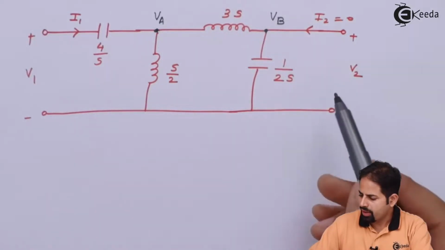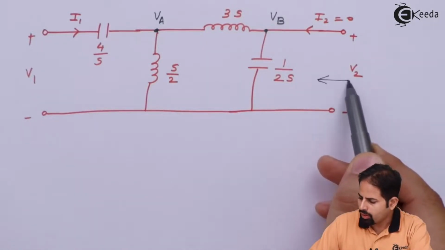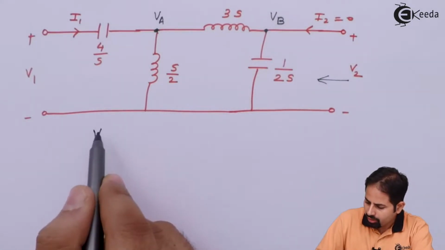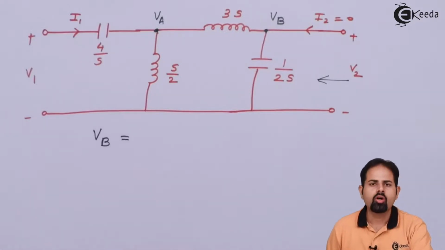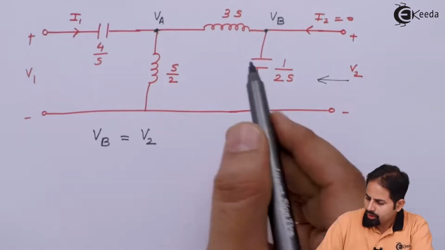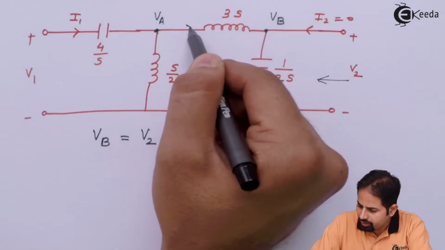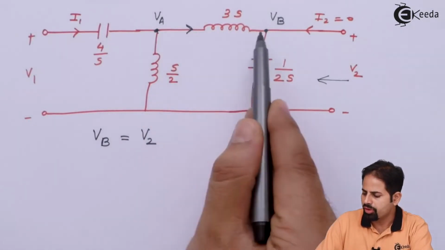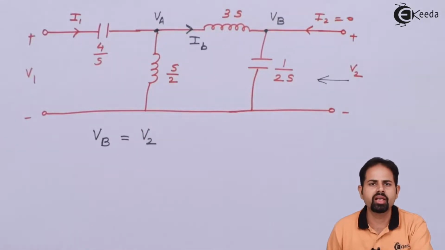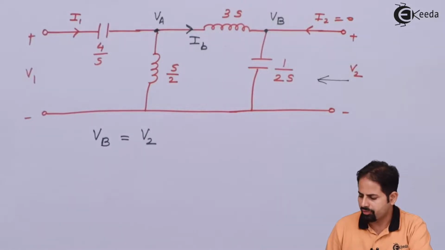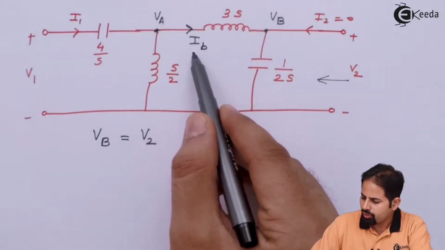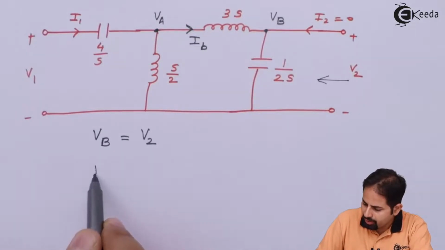Now first we will start from my right and go from right to left. So this V2 is same as VB, we can write VB equal to V2. Now I will call the current in this branch, which is from VA to VB, IB. It is similar to the problem number 1, but values are different. Now this VB is equal to V2, so the next term is IB.